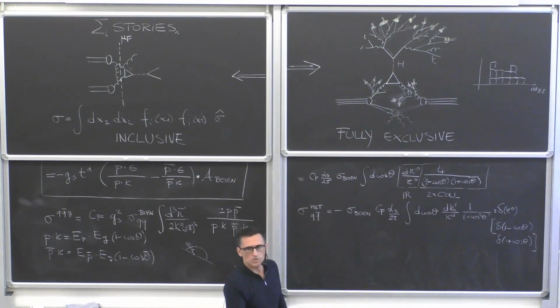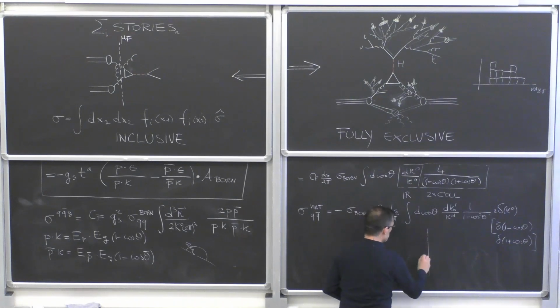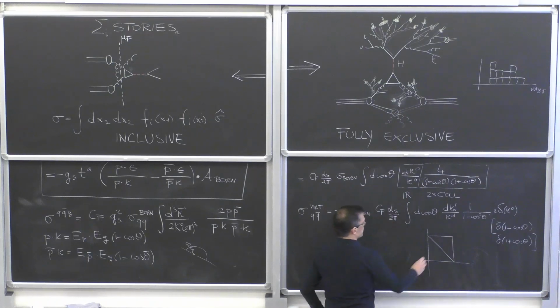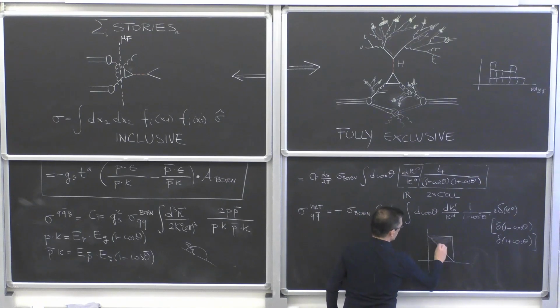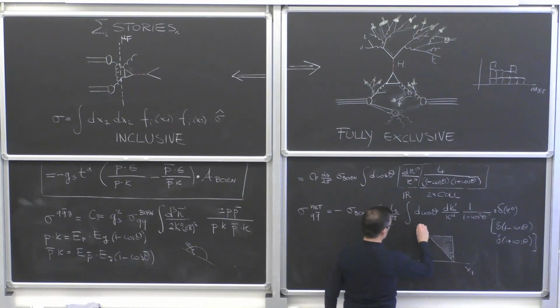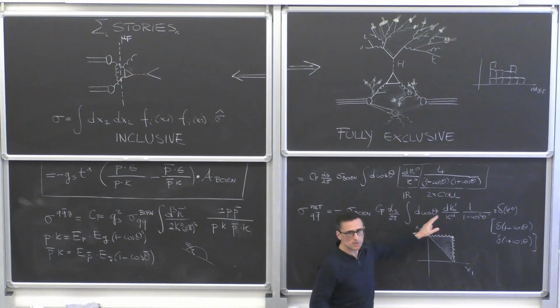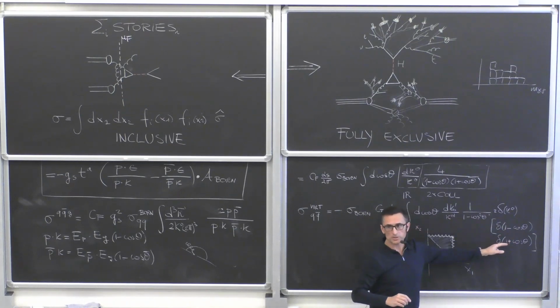So let me picture, I can make a change of variable, which is in the notes, and I can say that the phase space of 3 particles is like a triangle in 2 variables, which are the fraction of energy. So the virtual and the divergences live on the boundaries. So I can rewrite my virtual saying that the virtual, in this phase space of a real, sits in one specific point on the boundary as a delta. Okay?